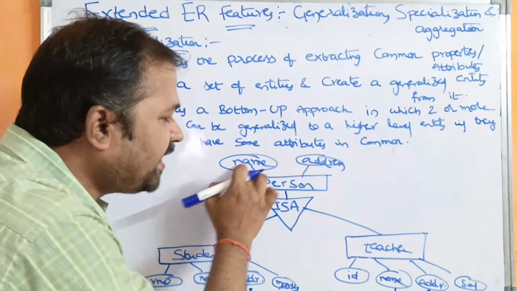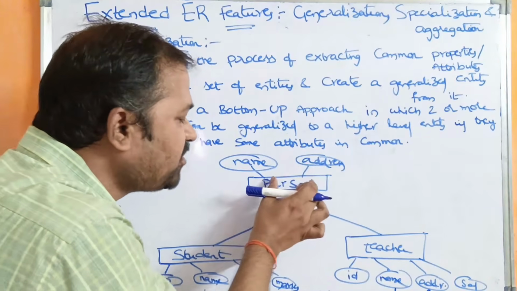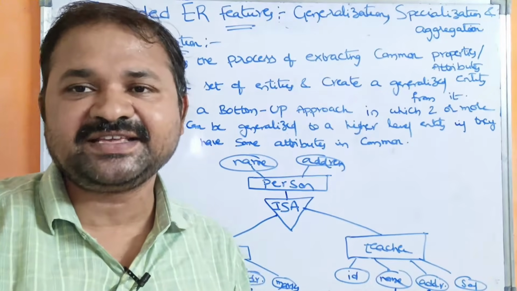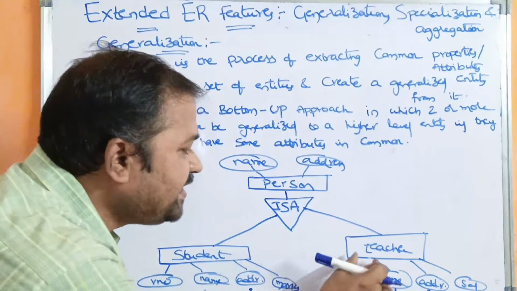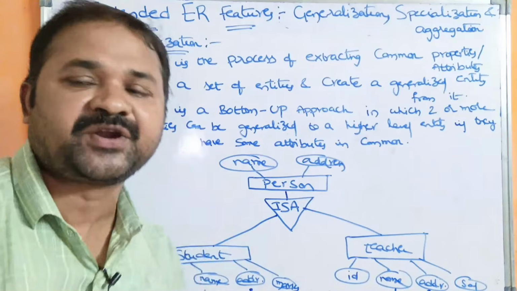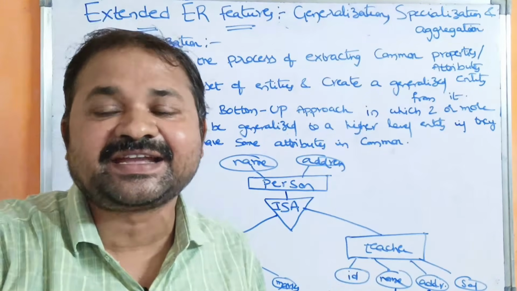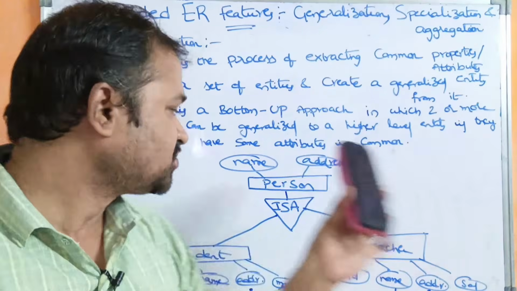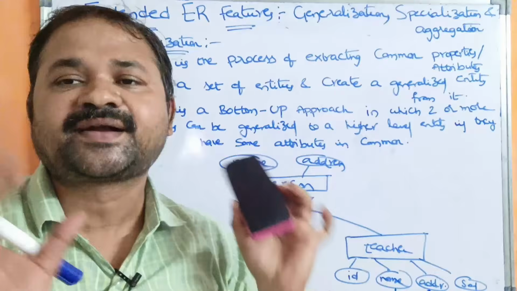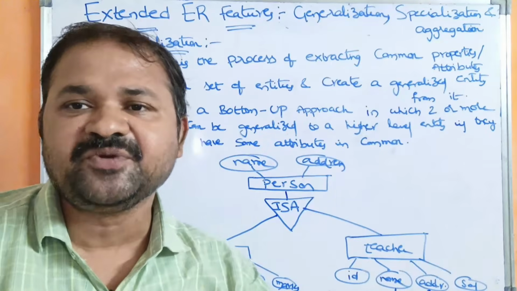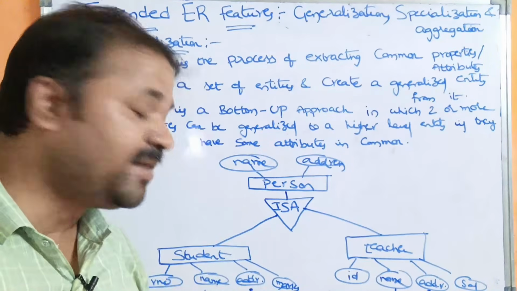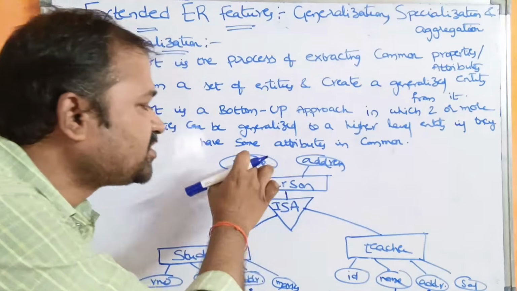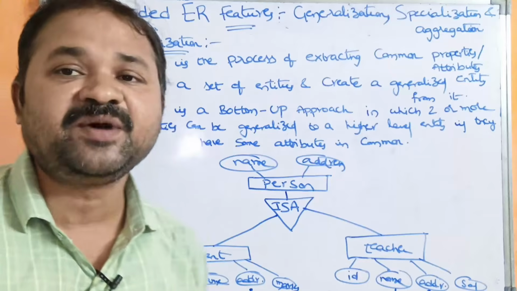Name and address are the attributes of the person entity. So this is generalization. Generalization means if two entities have common attributes, then we can create a higher level entity with those common attributes. So person has only the common attributes of the lower level entities, name and address. Okay.